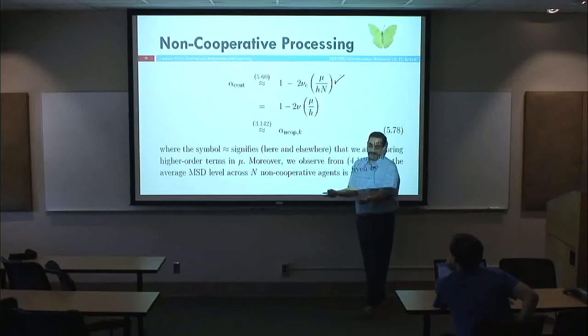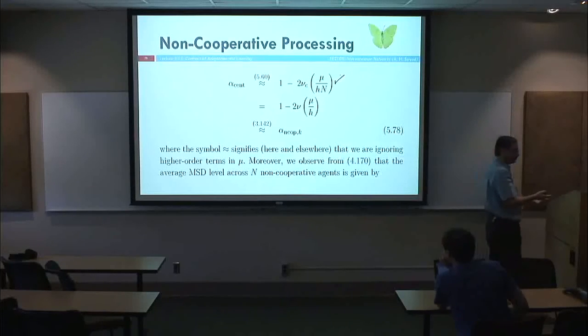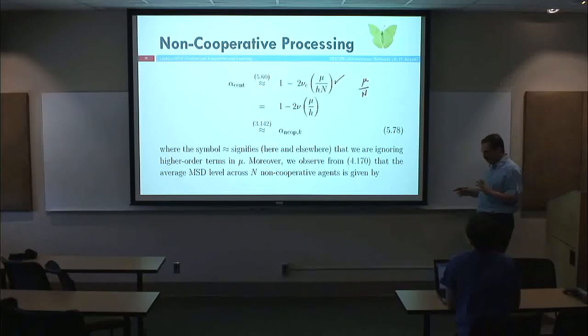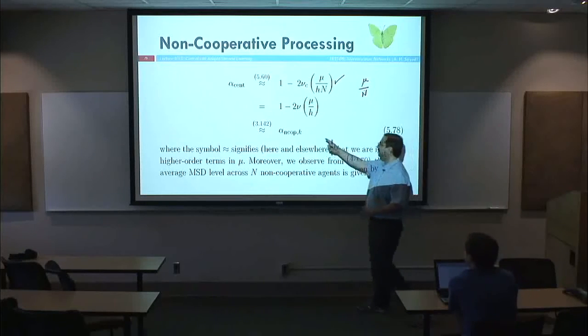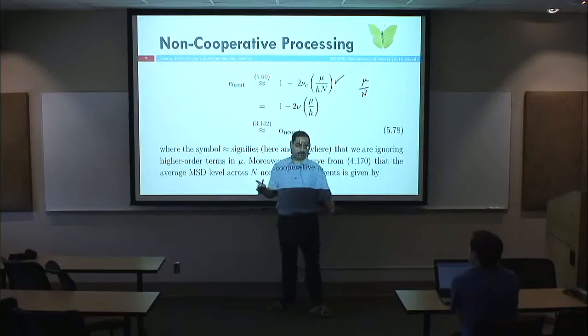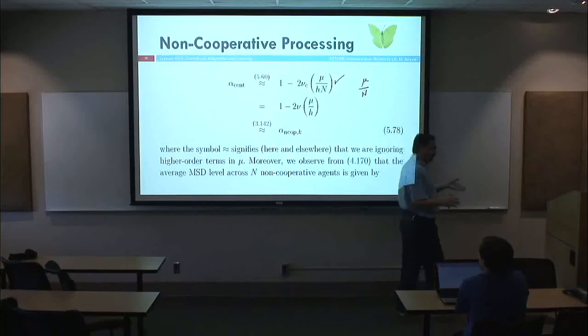So this again confirms the remark I mentioned before, that by choosing the step size as mu over n, the centralized solution and the non-cooperative solution will converge at the same rate to first order in mu, right? So the convergence rate is set.